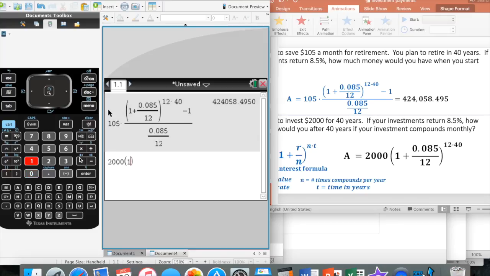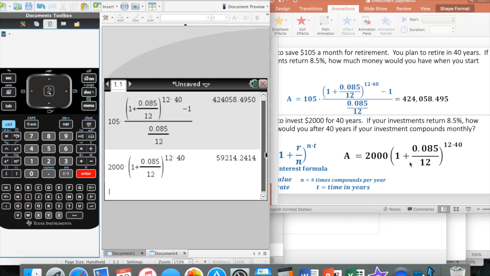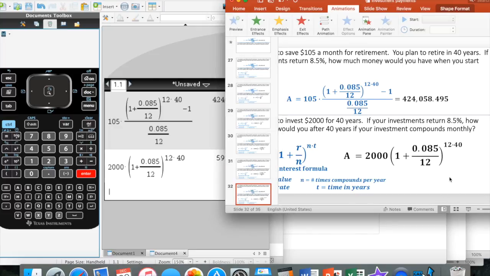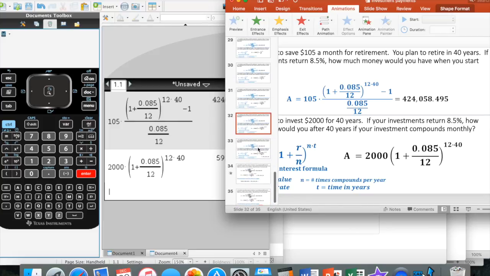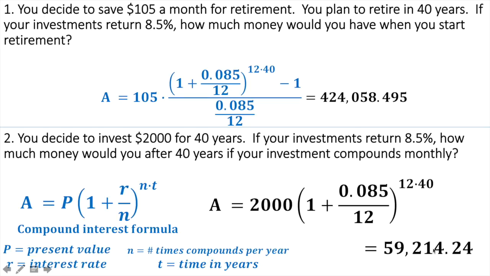And this would be 1 plus, and I have another fraction, that's my control division sign here, 0.085 divided by 12, all raised to the power, and again that's the one that kind of looks like a roof on a house, 12 times 40. And that's going to give me $59,214.24.